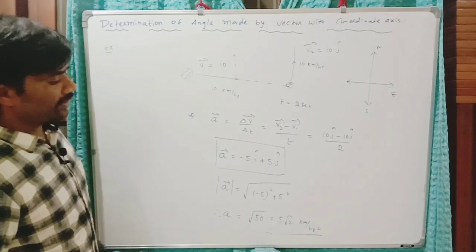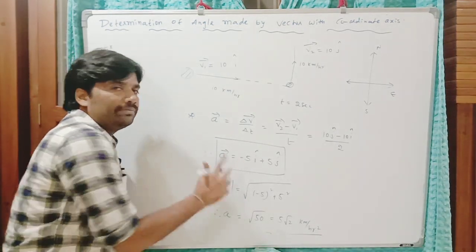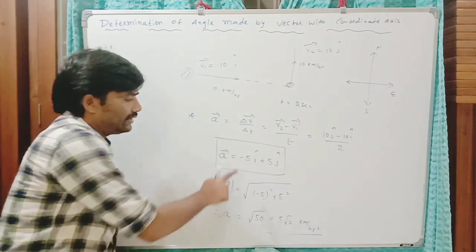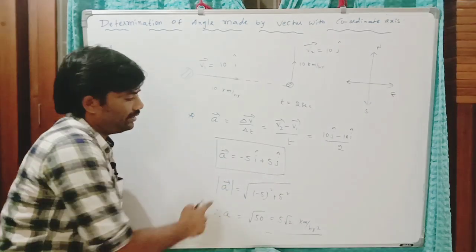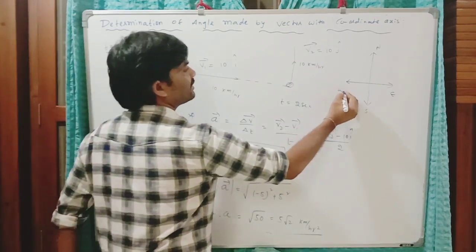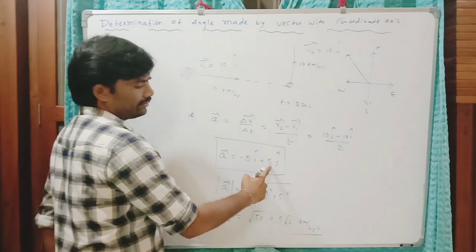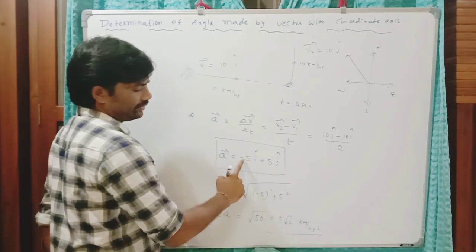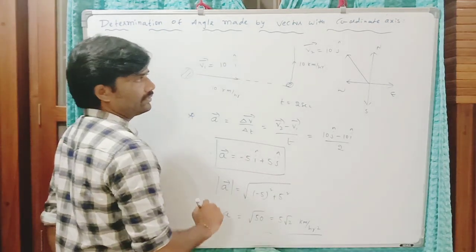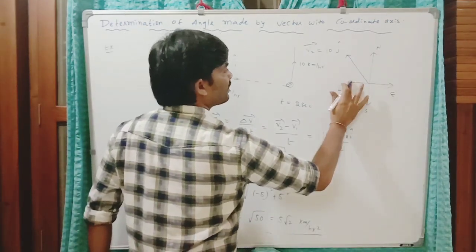But sometimes you are asked direction also. This equation will give both magnitude and direction. You can see this lies in which quadrant? Second quadrant, since i is negative and j is positive. Both x and y components are the same in magnitude, 5 and 5, so it definitely lies in the middle of north and west.